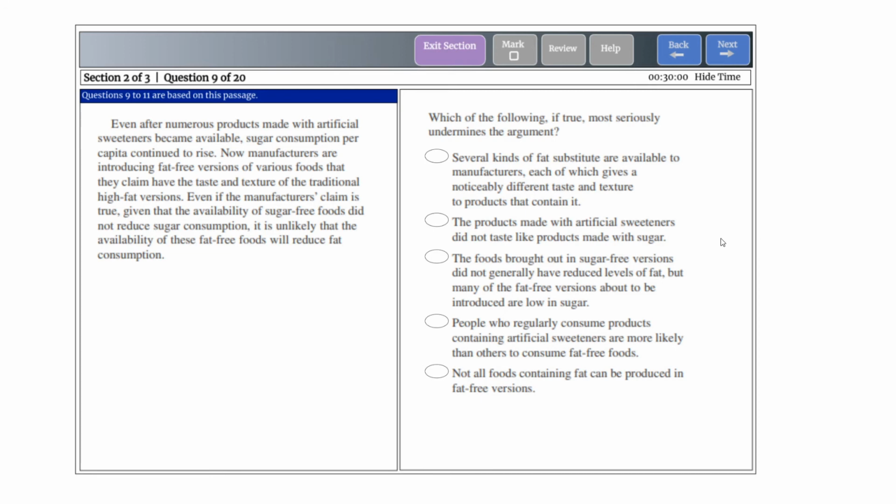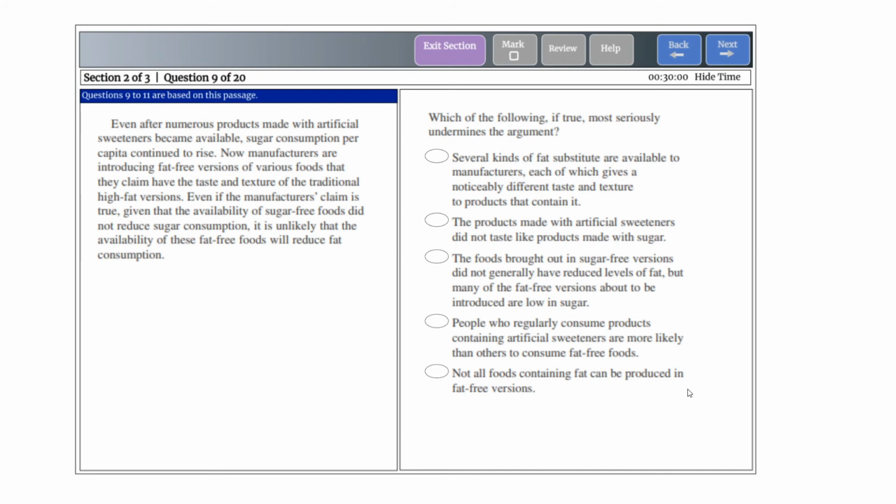Looking at the question, which of the following, if true, most seriously undermines the argument? Okay, so we want something that works against that, that shows the author's conclusion is not reliable, right? If we look through some of these answers, a couple of them can be eliminated, things that just already seem true.